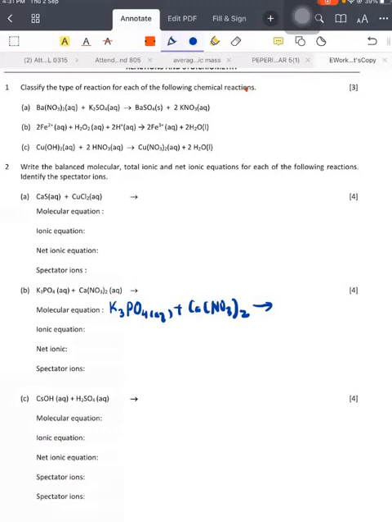So formula kita, produk kita yang pertama apa? KNO3 madam. KNO3. And by right kita nampak sahaja NO3, we know that the physical state will be aqueous for this one. Okay, campur dengan what is our second product? Calcium phosphate. Okay.